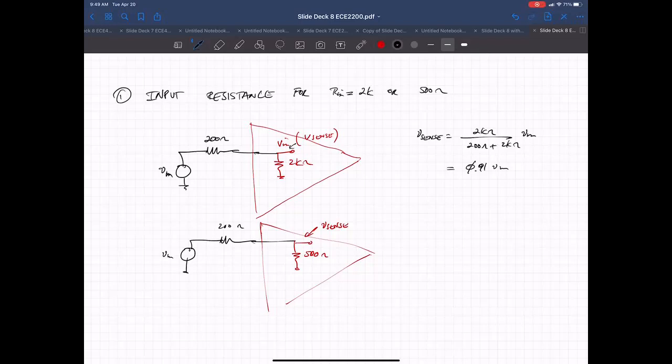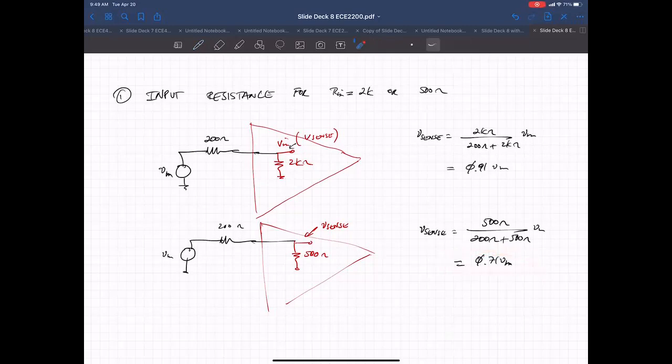This is going to be a lot worse of a situation, because in this case we've got 500 ohms over 200 ohm plus 500 ohm times V sub m, and this is equal to 0.71 V sub m. In this case, we've lost from the get-go what is this, 29% of our signal going into the amplifier.